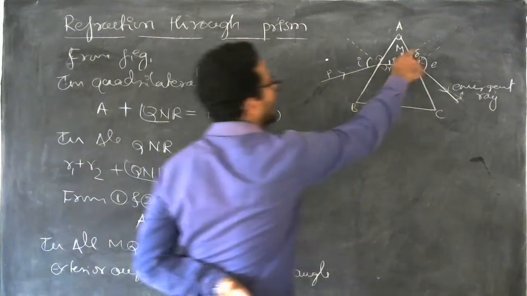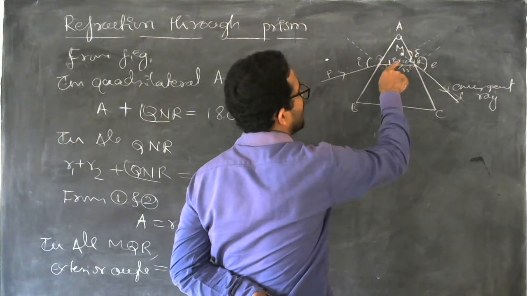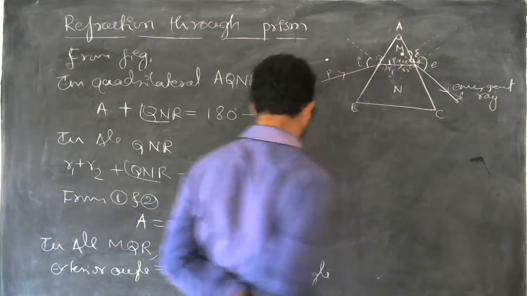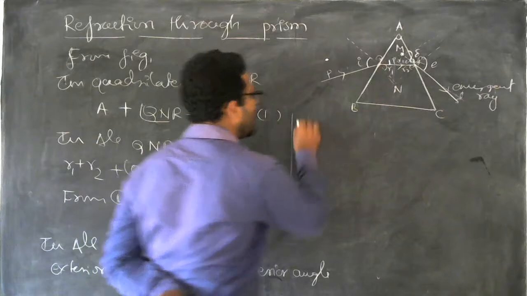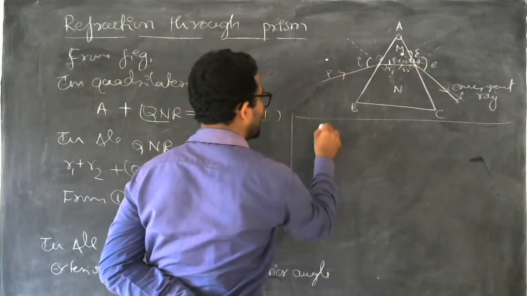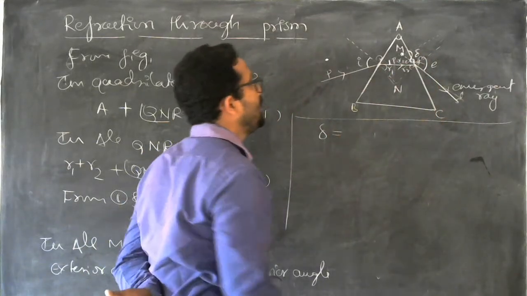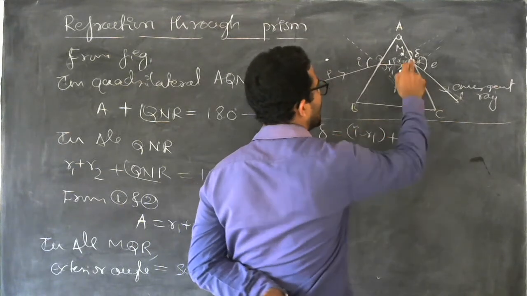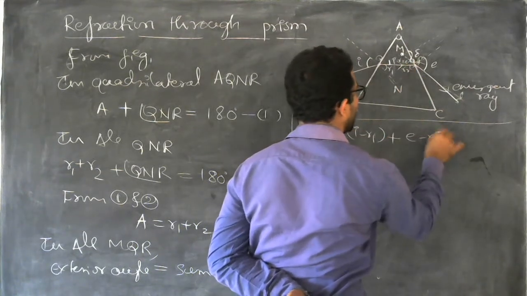Exterior angle is delta. Interior angles are I minus R1, E minus R2. Let me write over here. Exterior angle is delta. Interior angle is I minus R1 plus another interior angle is E minus R2.